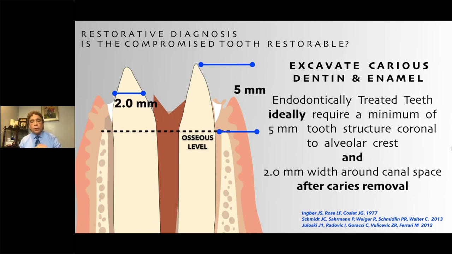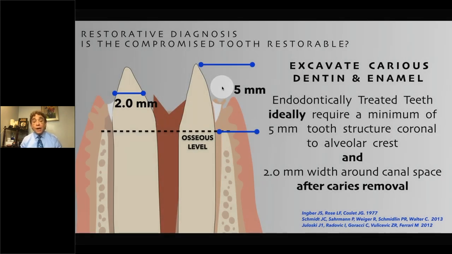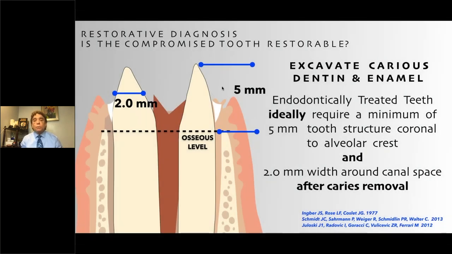As I know, endodontically treated teeth ideally require a minimum of 5 millimeters of tooth structure from the coronal level to the osseous level. And ideally, I would like to have about 2 millimeters, 360 degrees circumferentially, of tooth structure around this canal space. This is very important because if I have that amount of tooth structure, the tooth is going to be much stronger.